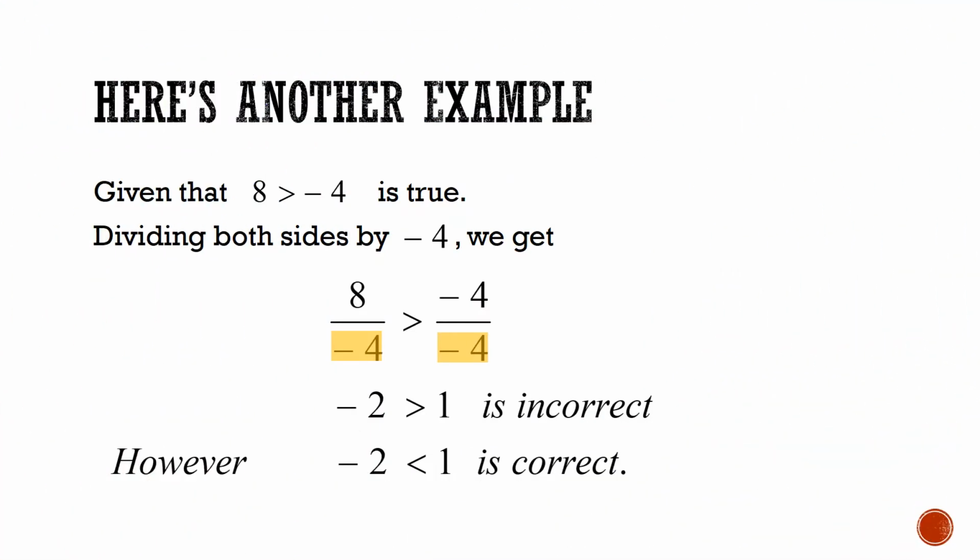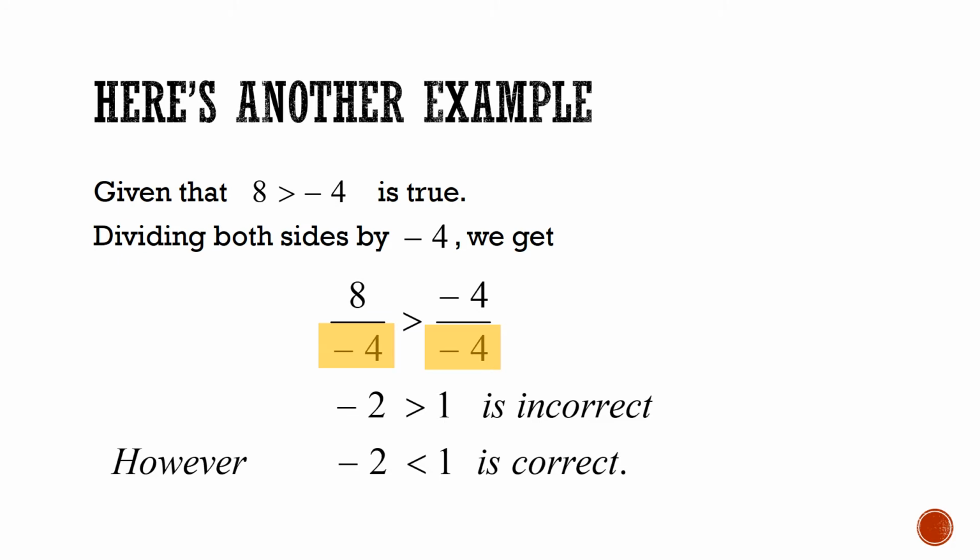Here's another example. Given that the statement 8 is greater than negative 4 is true, dividing both sides by negative 4, we get 8 divided by negative 4 is greater than negative 4 divided by negative 4. When we simplify this, we have negative 2 is greater than 1.